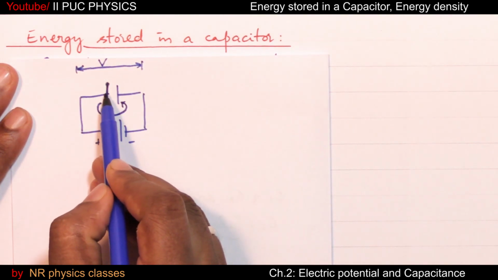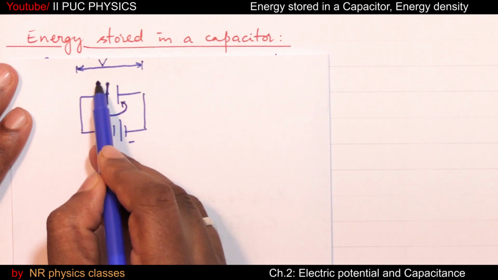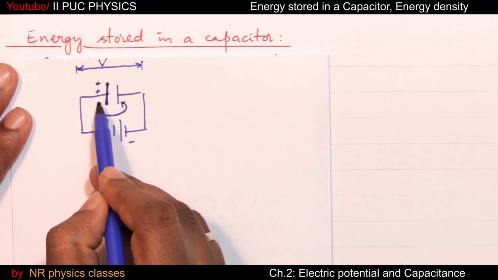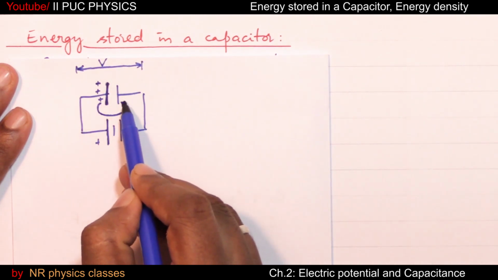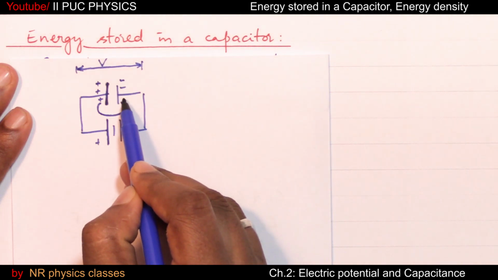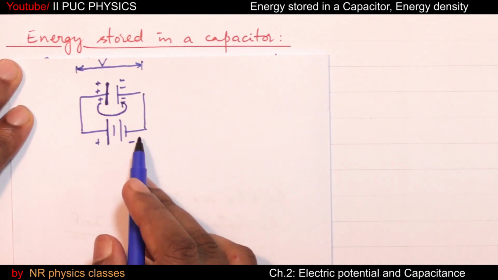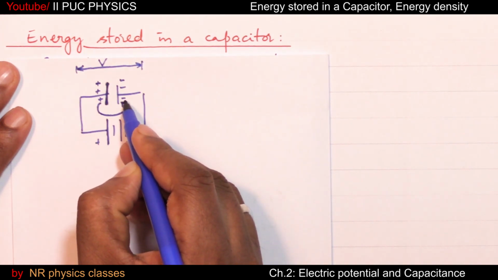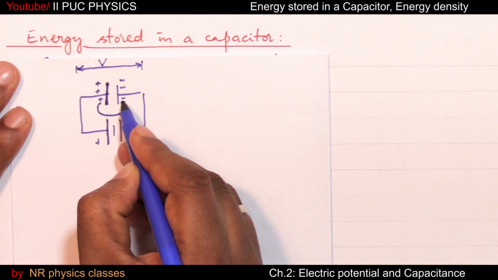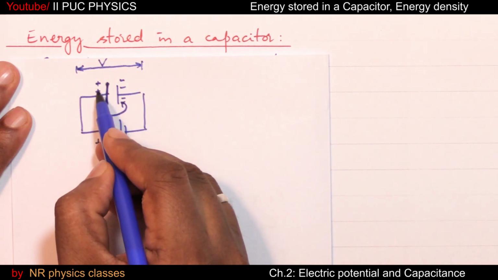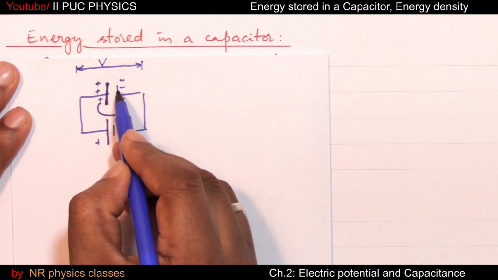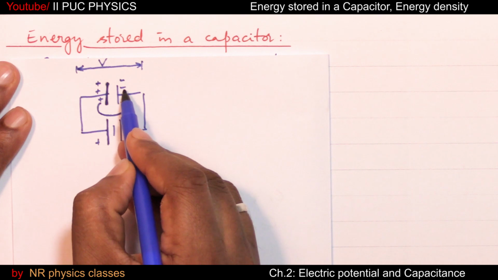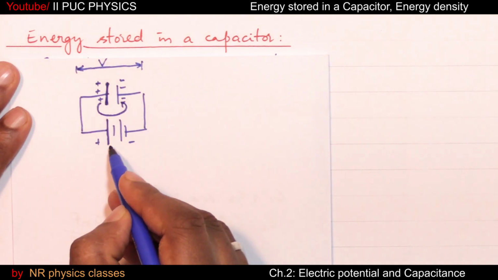Since electrons are removed from this plate, it takes positive charge, and electrons are transferred to the second plate, which means it takes negative charge. Observe, because of the transfer of electrons, charge is developed on both the plates of a capacitor, and that's because of this battery.